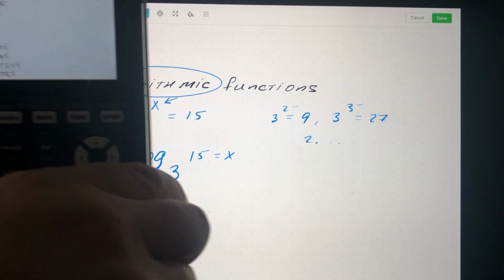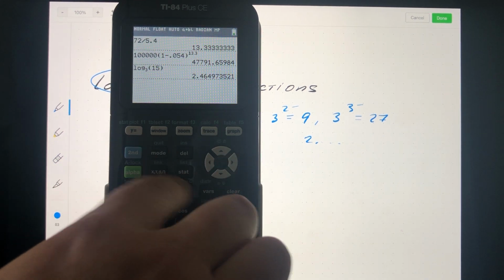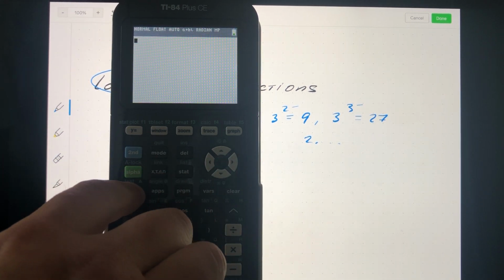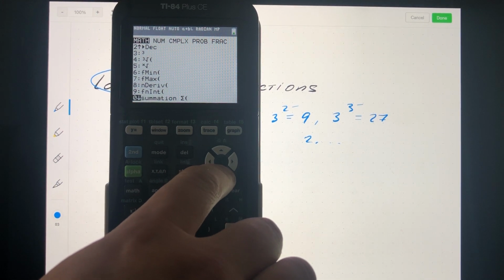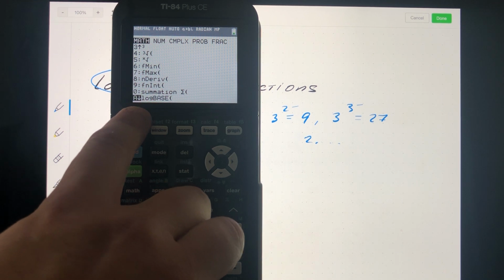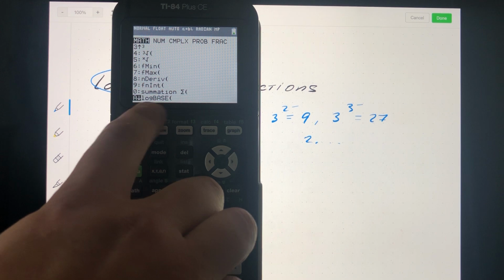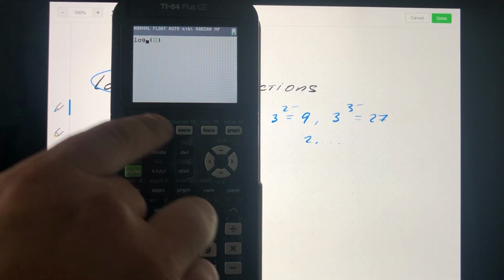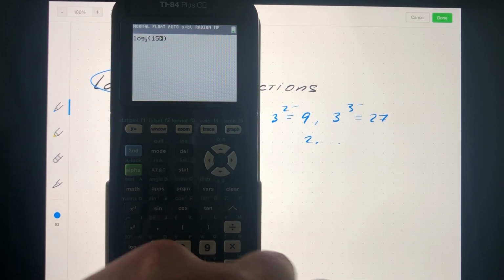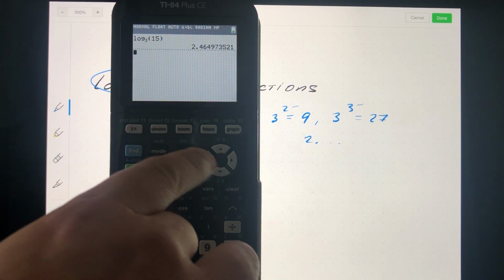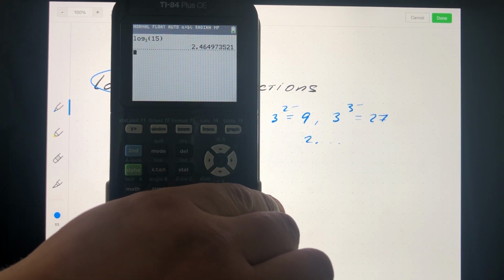Now, on our calculator, if we go to math and we scroll down to choice A, that would be log with any base. And if your calculator is equipped with this feature, then we can just type in the answer, because we get 2 empty spaces, log base 3 of 15, and the answer is 2.4649, just like we thought it would be something between 2 and 3.